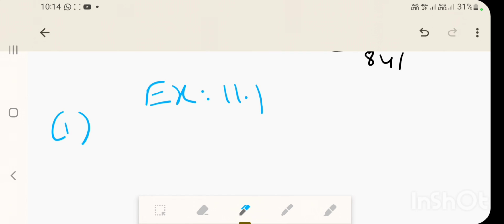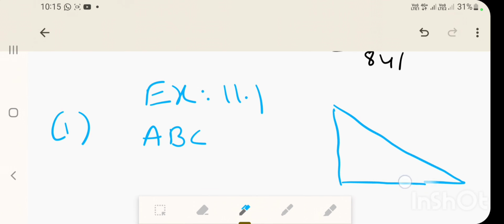They have given a right angle triangle ABC, and they have given the lengths of all the sides, and they are asking to find sin A, cos A, tan A. The right angle is at angle B, 90 degrees.